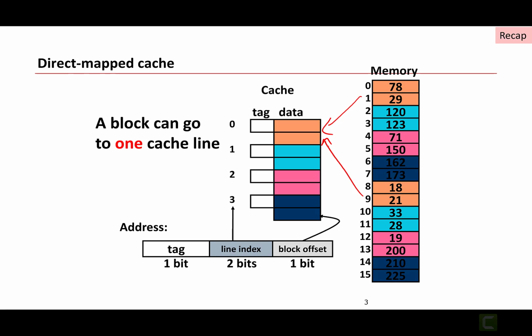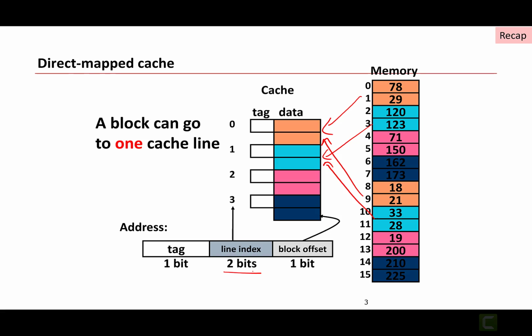So in this example, the orange cache block can be only stored in the orange cache line. The blue can be stored only in the blue cache line. The pink can be stored only in the pink cache line, and so on. Now, the number of bits that you need for selecting which block to store a given cache block depends on how many cache lines you have.